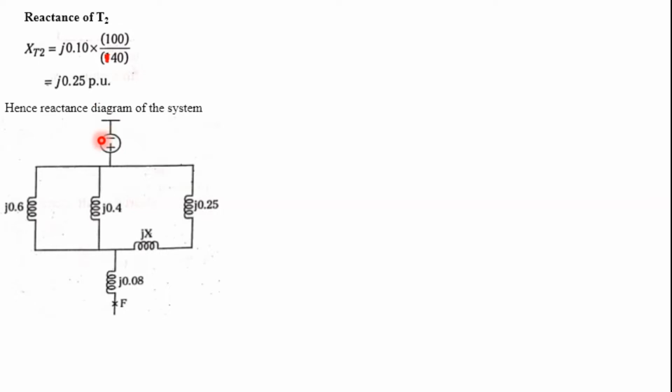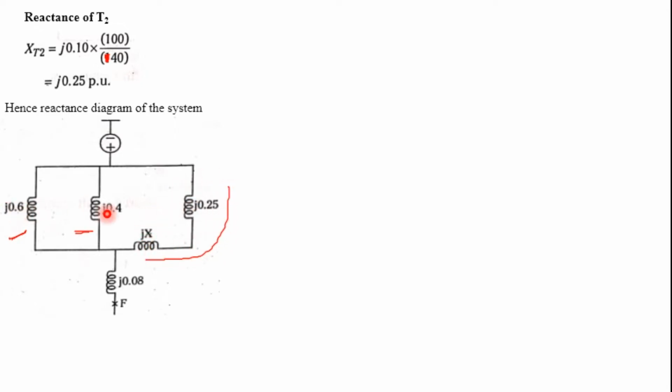Then this generator G1 and G2 are connected in parallel, and this is connected in series. Whatever the values we have in parallel, again it is going to connect in parallel to the X and 0.25.